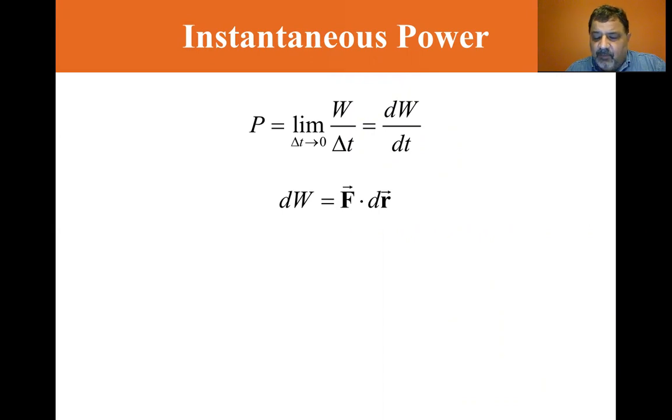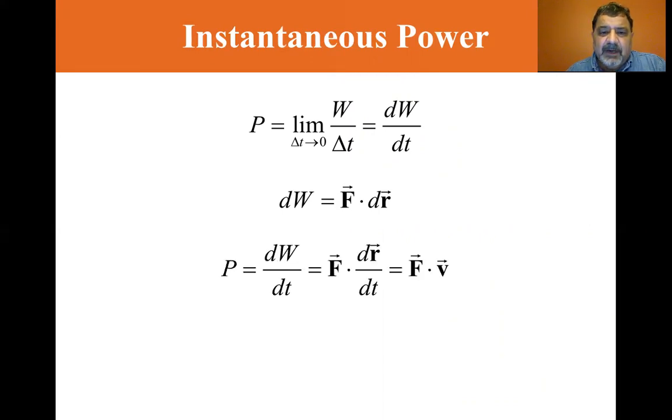For a constant force, the instantaneous power is dW over dt, which is force times dr dt. dr dt is equal to velocity, so it's force times velocity, where the velocity is equal to dr dt.